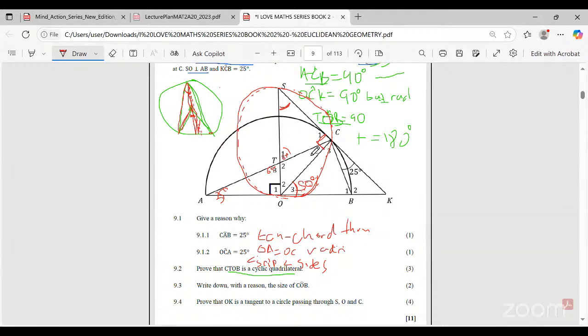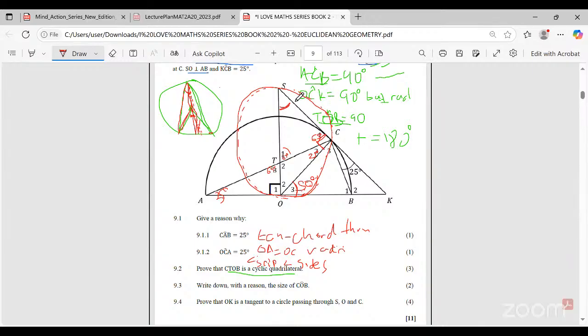And again, we said this angle here is 25 degrees, right? Yes, sir. Therefore, C1 will be 90 minus 25. Do you agree to that? Yes, sir. Therefore, C1 will be 65, right? Yes, sir. And then that angle S there will be 180 minus 2 times 65.